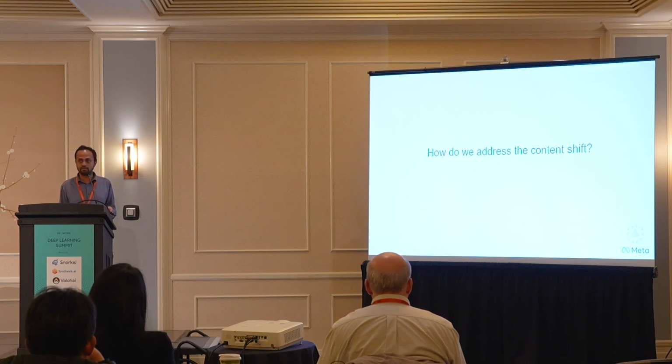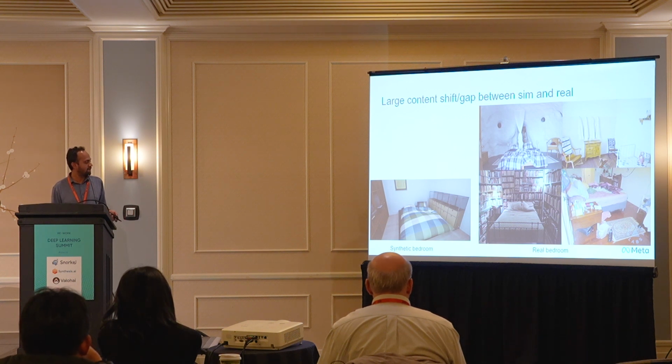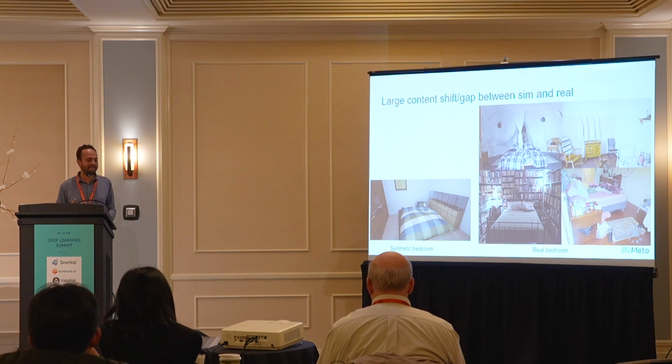So let's talk about what the problem is with this content gap. When you look at synthetic images and real images, there is a big gap between the two. Synthetic rooms often look very clean. There is no mess. They do not have a large amount of diversity. If you look at real rooms, there's stuff thrown around, and especially if you're a young parent, this happens all the time.